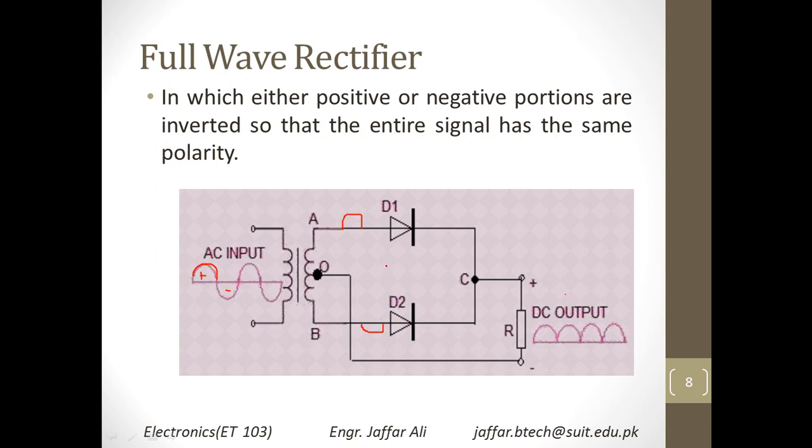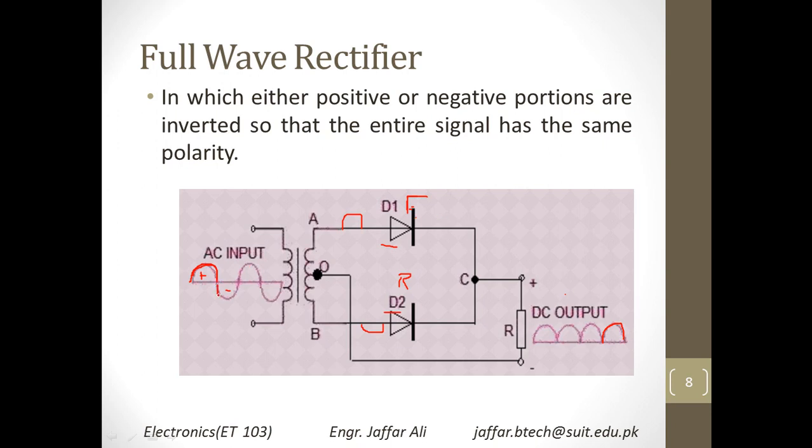So when one diode is in forward bias, the other will be in reverse bias. Diode D1 will conduct the charge and D2 will block it, so at the first signal D1 is activated and D2 is deactivated, and you get a half from D1.